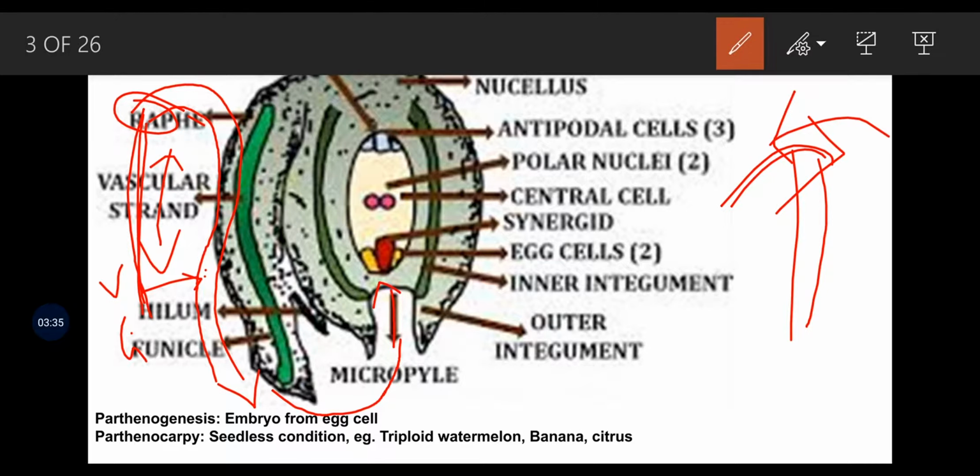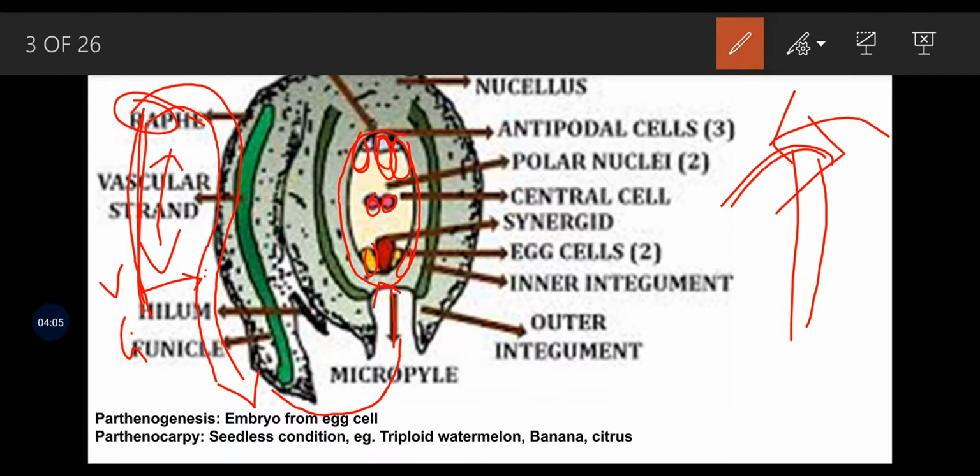Here already the condition is 8 nuclei in the embryo sac. Inside the embryo sac, the 8 nuclei stage is arranged as 2 synergids this side, 3 antipodal cells at the other end, that is the chalazal end, and 2 polar nuclei at the center.